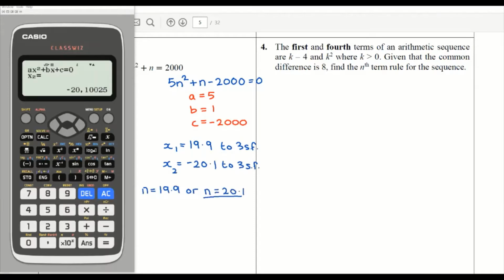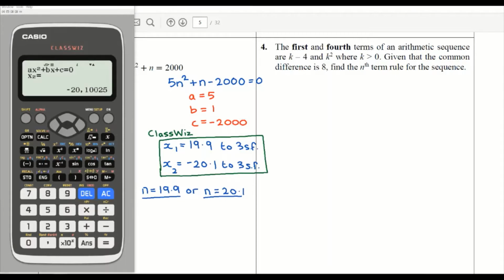So those are the answers to the equation. I would always indicate now that you've written down A, B, and C, just indicate that this was done on the ClassWiz. Okay, using the quadratic formula essentially.